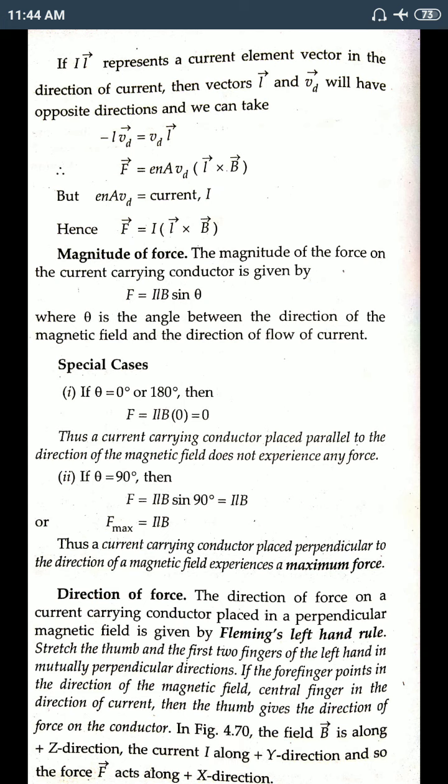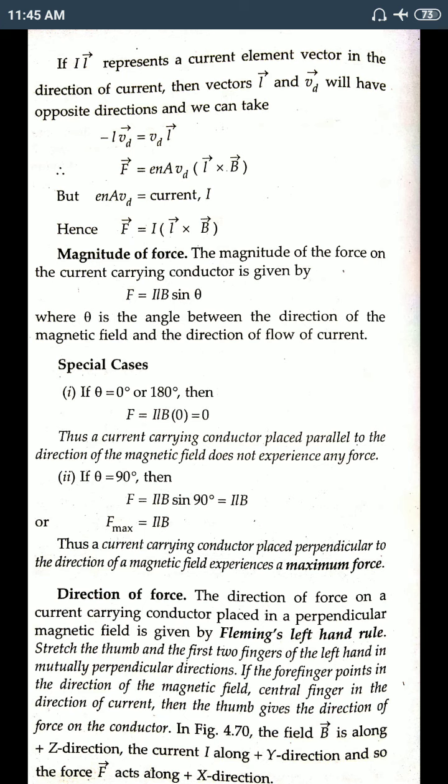The vectors L and Vd have opposite directions, so in place of minus L into Vd we can write Vd into L vector. So we get the force expression F equals E into n into A Vd, L cross B.